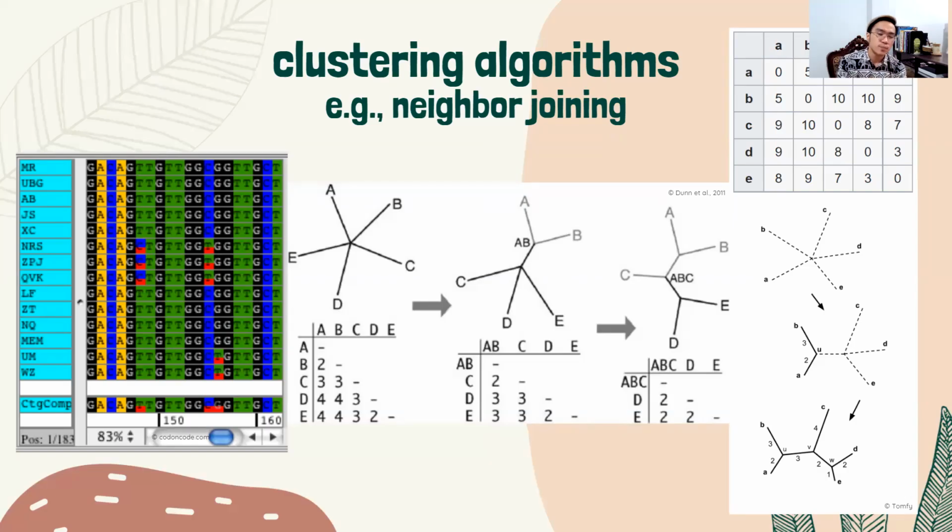Okay, and there's a lot of computing methods that computers employ. And they're all called clustering algorithms. When we say clustering algorithms, these are computations that enable a computer to group together taxa that are less different from each other, and therefore they have shorter genetic distance from each other compared to the rest.